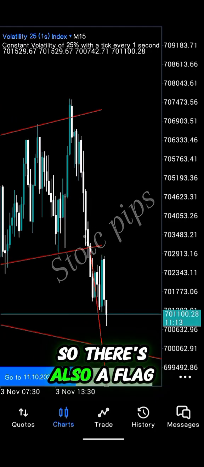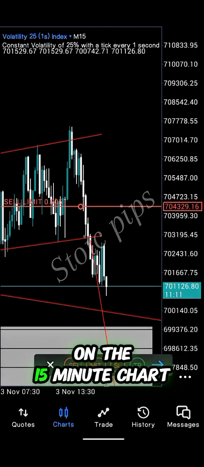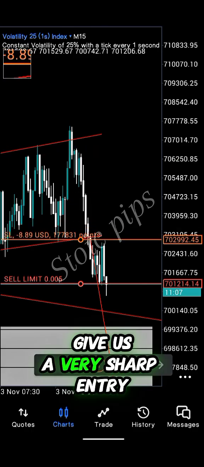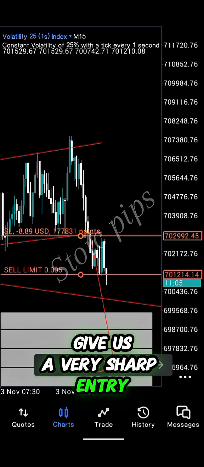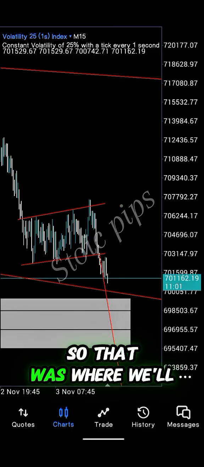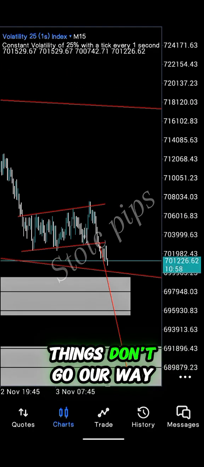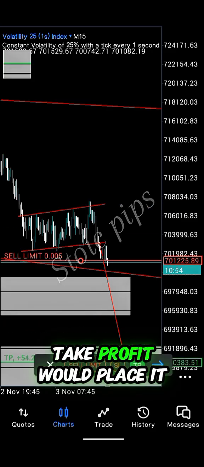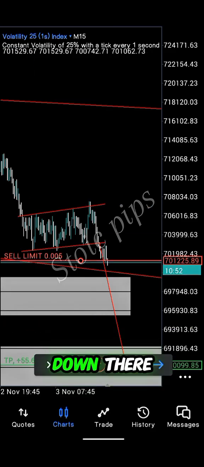So there's also a flag on the 15-minute chart. So this is going to give us a very sharp entry, and that was where we'll place our SL in case things don't go our way. Then in terms of the take profit, I would place it down there.